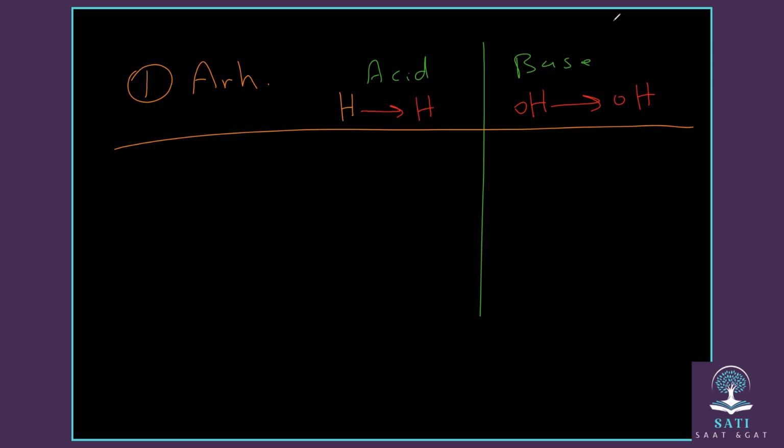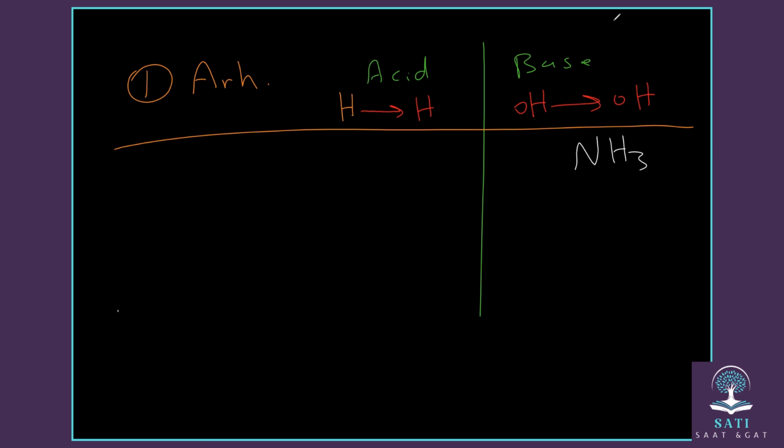Keep that in mind. We're going to ask a question now. Arrhenius, thank you for your definition, but is your definition applicable for all bases and acids? Can you apply it to all of them and it works? No. Why? Because we have an exception. For example, NH3.